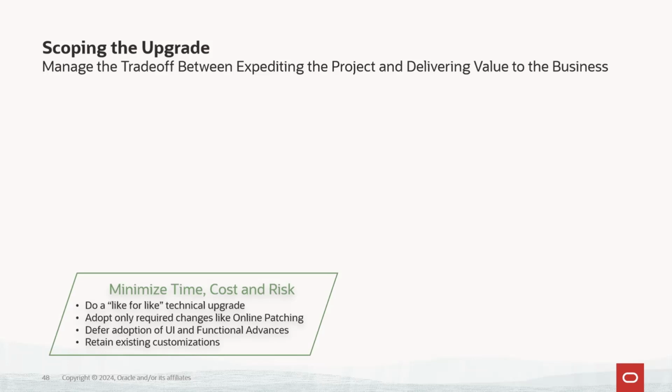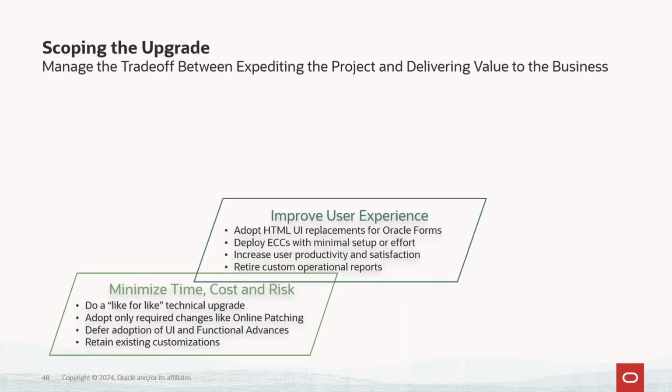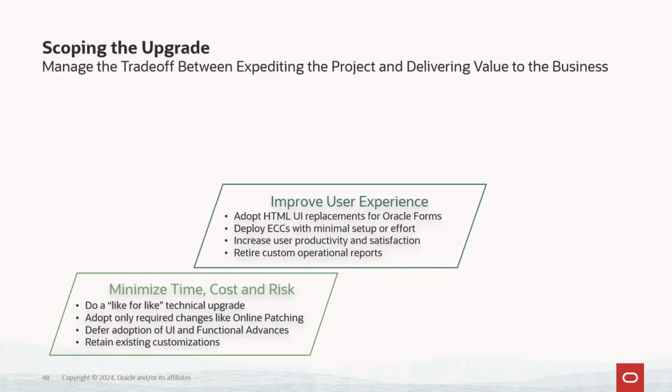That's certainly a feasible way forward, but we would ask you to consider combining your technical upgrade with some what we call low-hanging fruit type projects, which would improve your users' overall experience. So, for example, you might consider adopting some of the HTML UI replacements for the Oracle Forms.